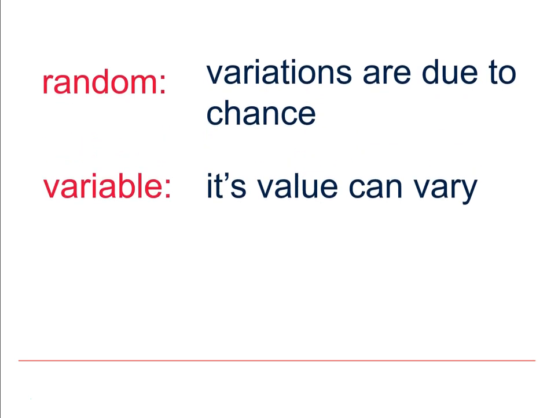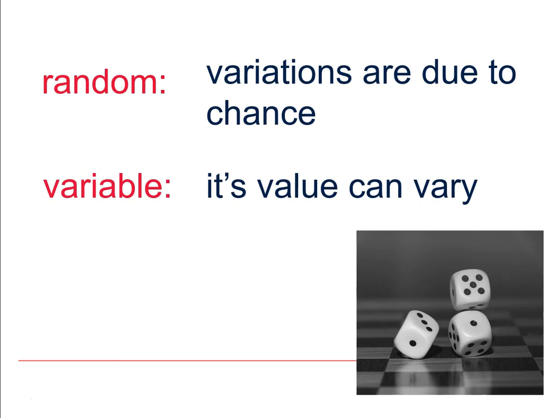And if we put those two together, random variable would describe the sort of event that we get when we roll a die and look at the score that we've obtained. We have a variety of outcomes and those values vary.